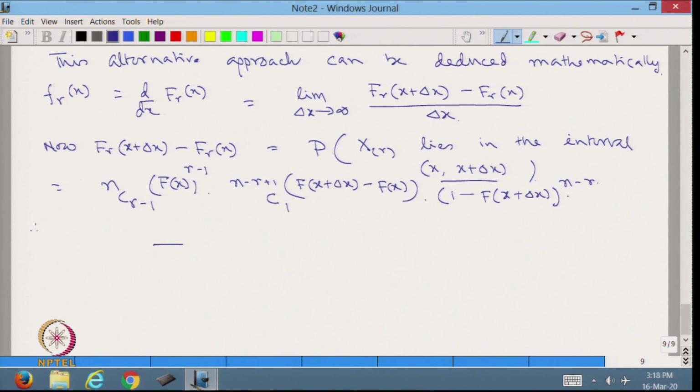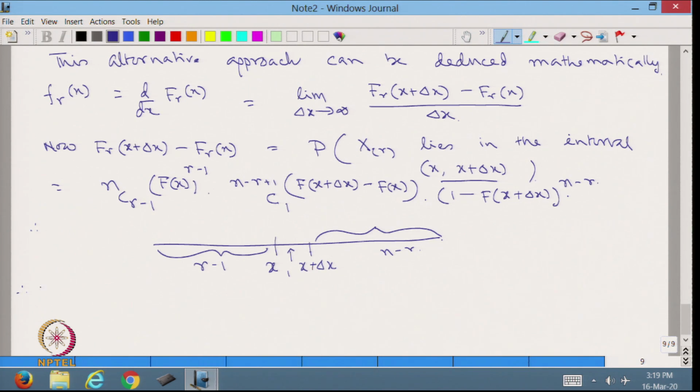This is because suppose this is the real line, this is x plus delta x. One of them is going to be here, r minus 1 are going to be here and n minus r are going to be above x plus delta x.